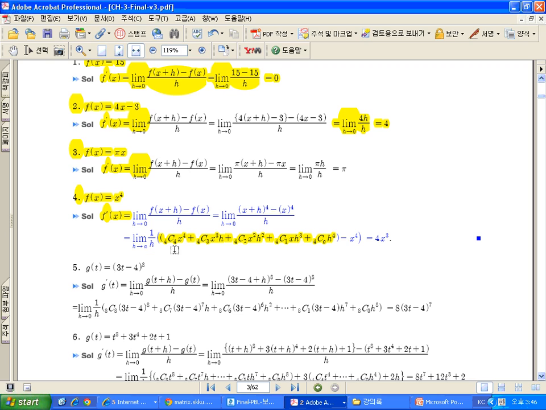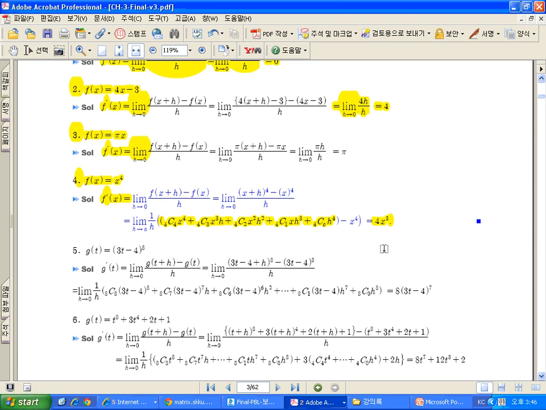But as you see here, the powers of h are there. The x to the fourth minus x to the fourth can be deleted. So all terms have h's. So h can be simplified, and these all go to 0 when h goes to 0. It should be 0, not a. Okay, and then 4 times x to the cube is left.